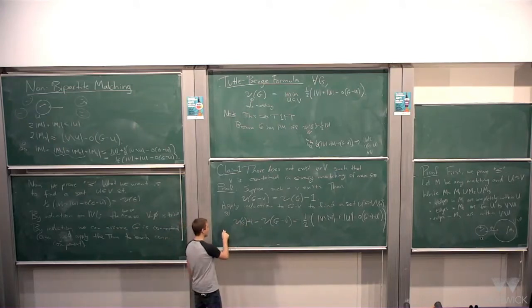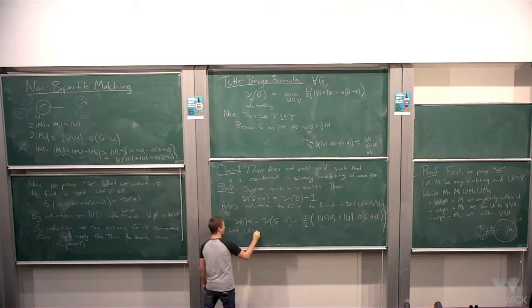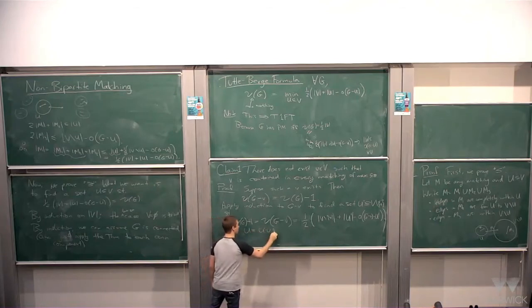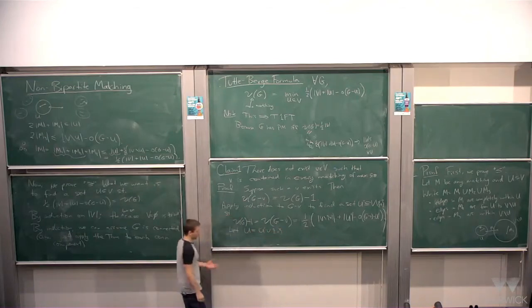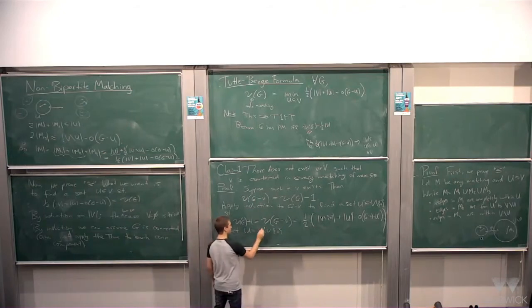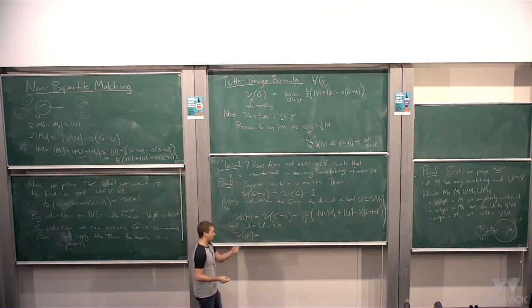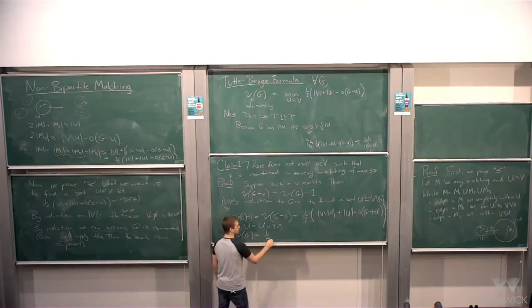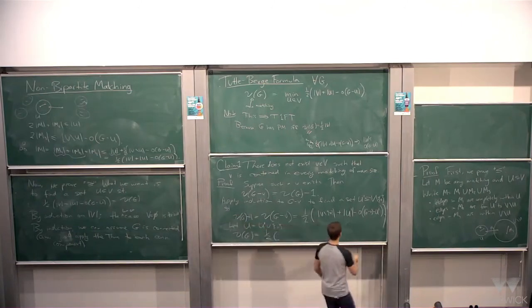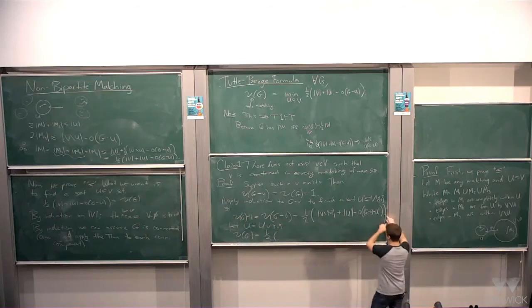So now what I'm going to do is let U be the set U prime union v, where v is the vertex that we deleted. So now the matching number of G, when I put the 1 to the other side, is 1/2 times the bracket.